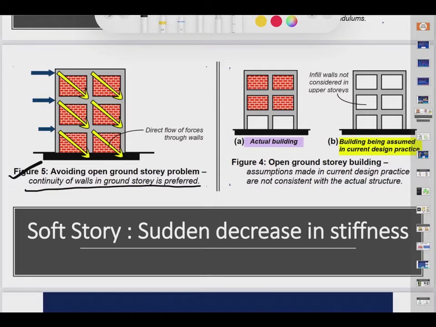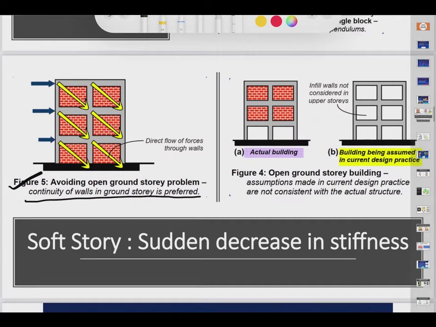Another way is, if we at all have to provide an open ground story building, then the building has to be designed assuming that infill walls are not considered at all in the upper stories.